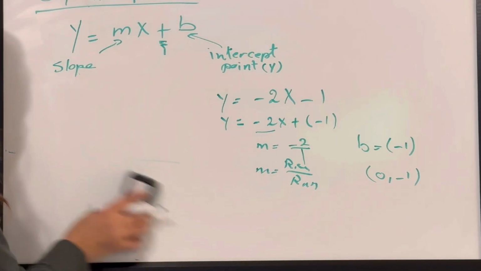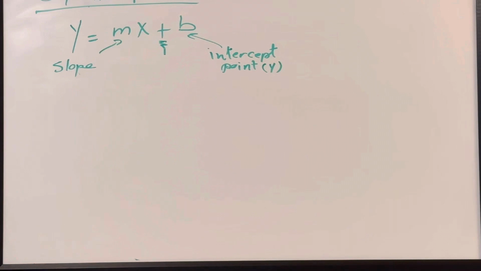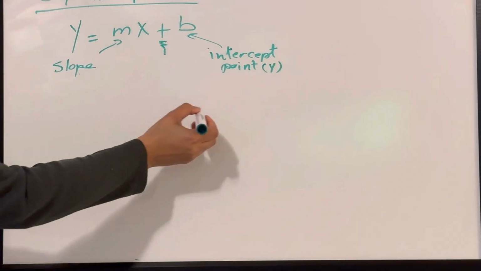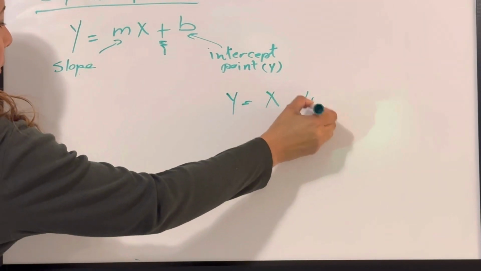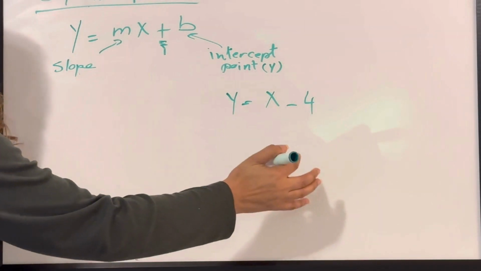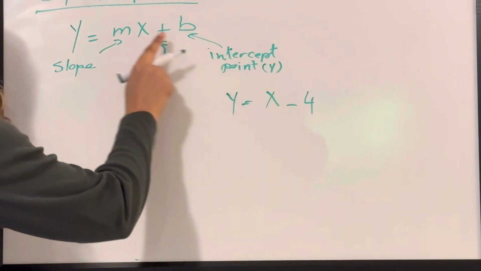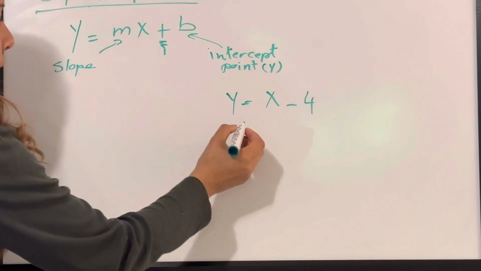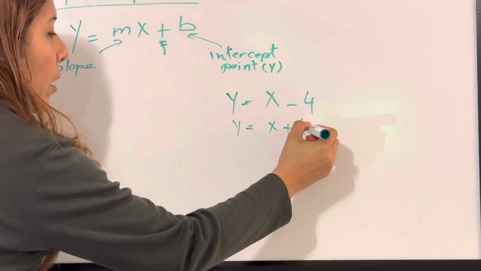Another example. y equal x minus 4. If I have y equal x minus 4, this means the slope, like to write it first in the form of that, I have to say y equal x plus minus 4.